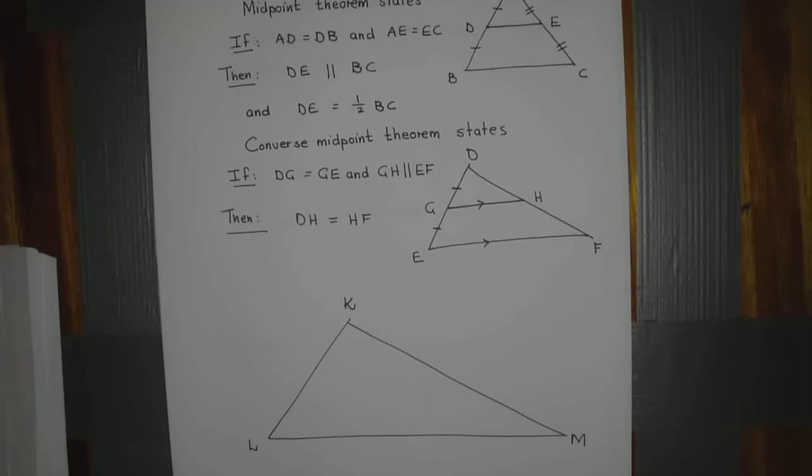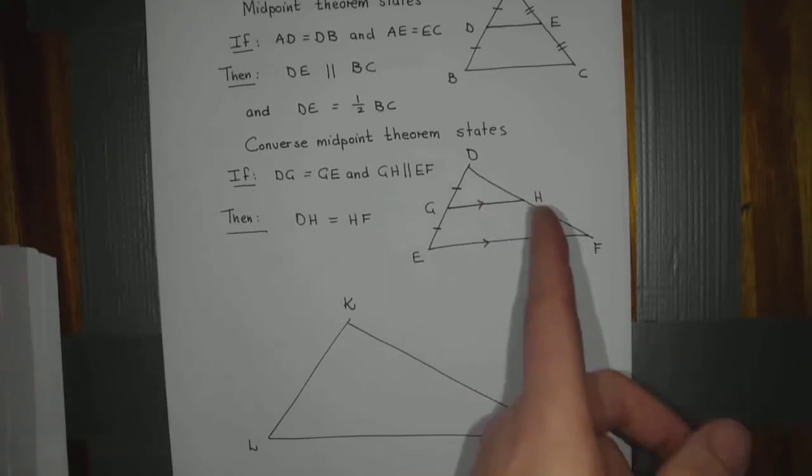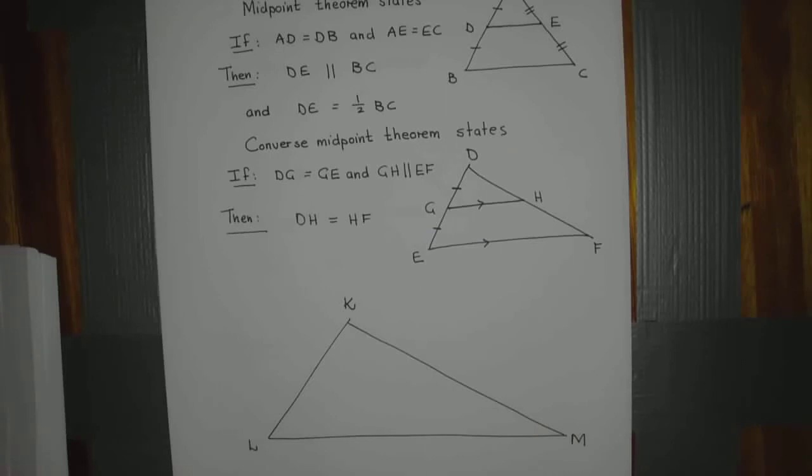Because the length of this side is exactly equal to the length of that side. So the ratio is 1 to 1. But what did I now say? I said this is also the midpoint. So what's the ratio on this side? What's the ratio over here? Also 1 to 1. And people, this is the proportional division theorem.